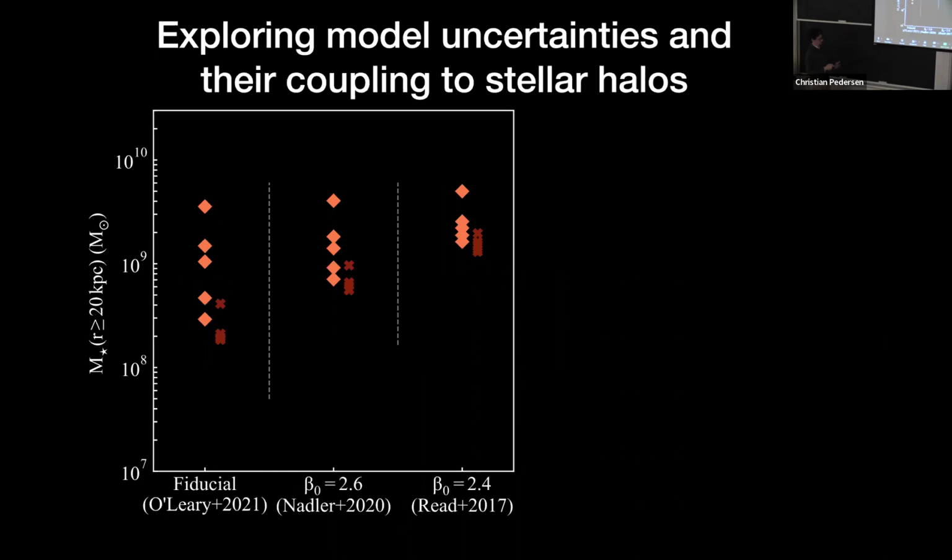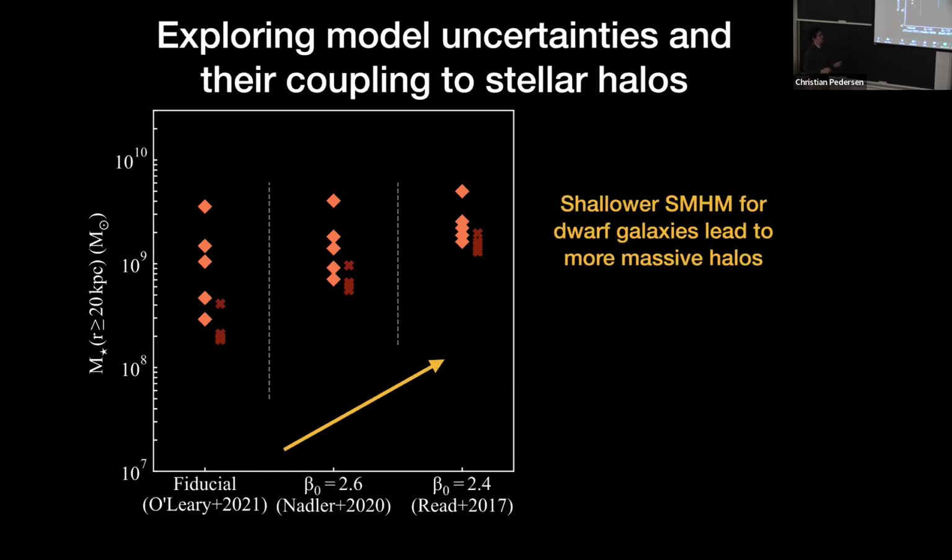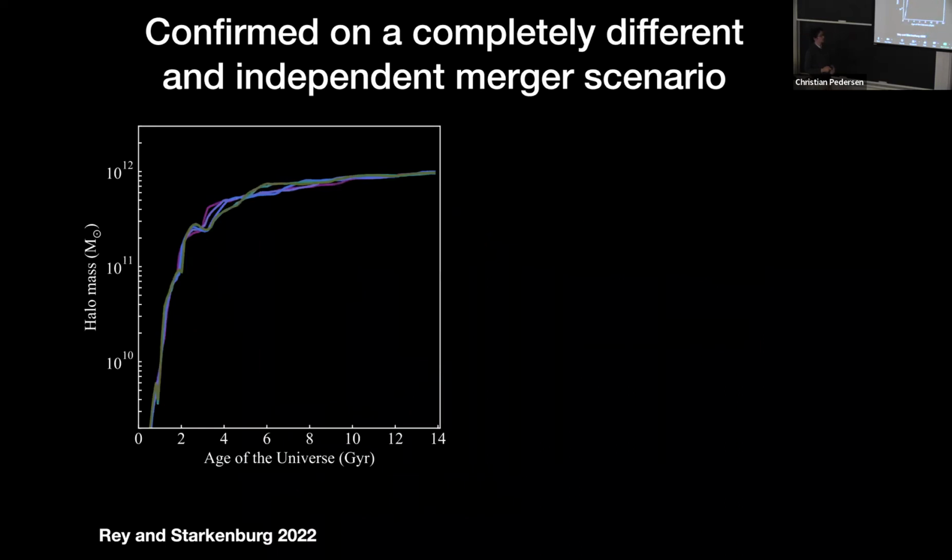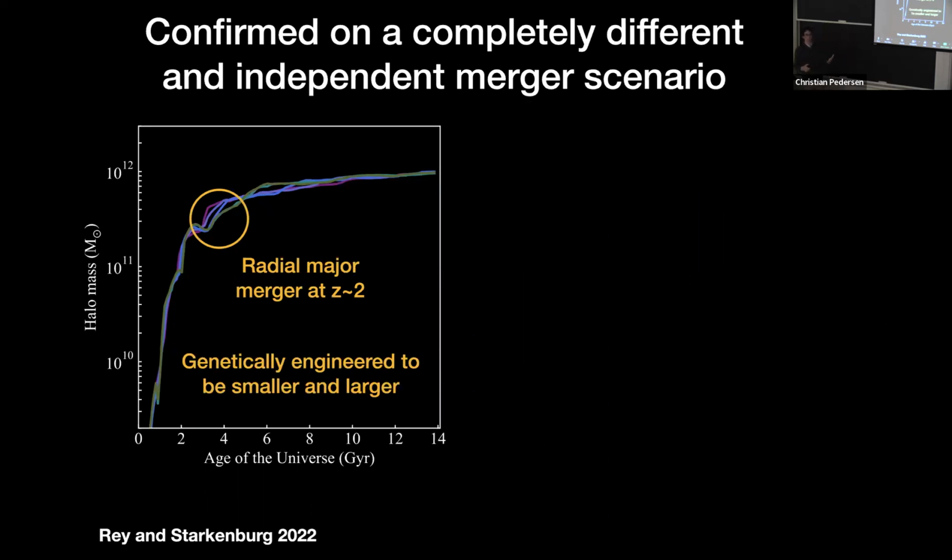And okay, so at this point you might say, well, this is all well and good, but this is really one object with one merger scenario. But we actually tested this in a completely different setup with completely different objects, where we took an unrelated object and picked a radial merger at redshift 2 that I then genetically engineered to make this specific merger smaller and larger.